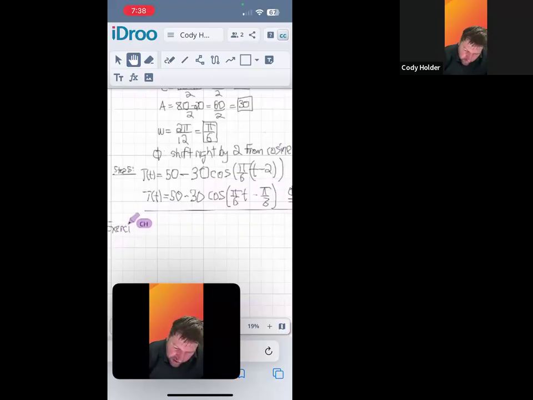Do the same example, but solve for phi and omega. So say T of t is 50 plus or minus 30 cos, or say you had plus 30, you wanted it to be plus 30 for whatever reason. You can do that, and then you'd have omega t plus phi.